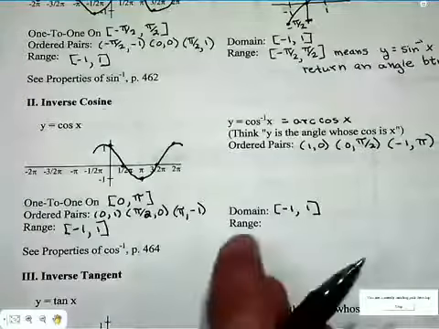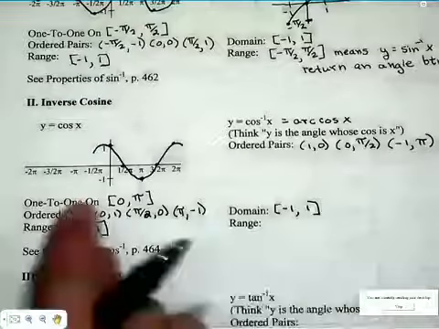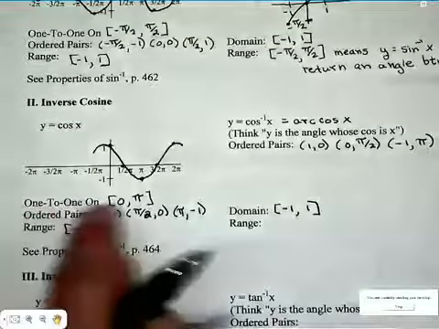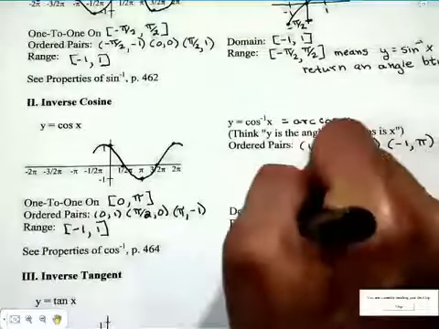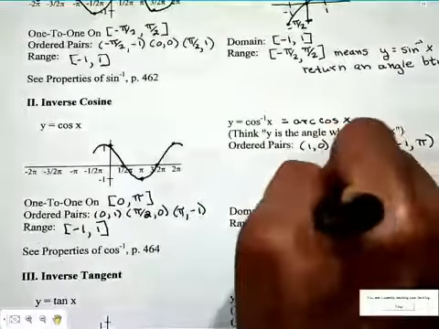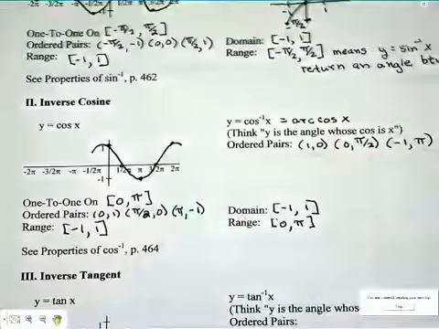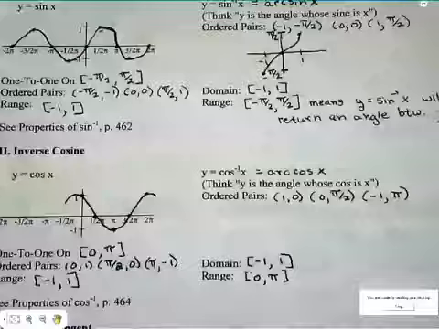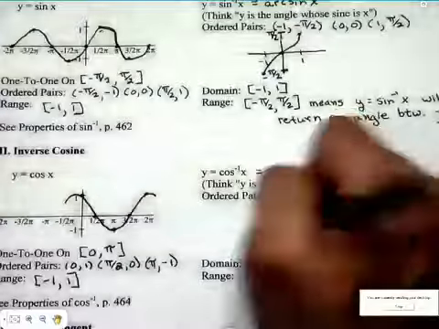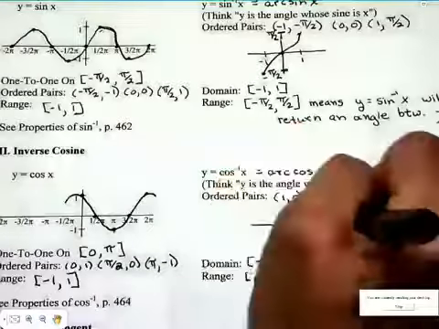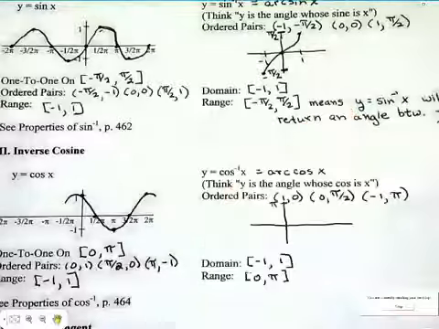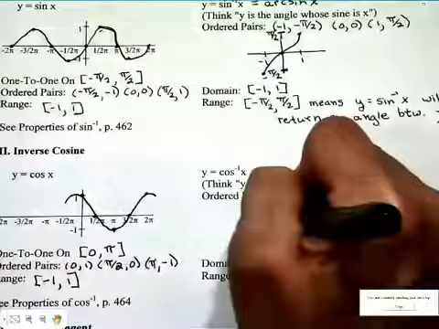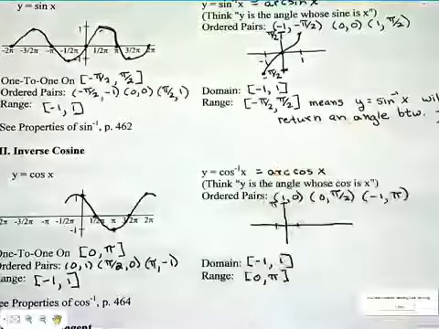The range of arc cosine is going to be the restricted domain of cosine. So I just need the 0 to pi on the y-axis and the -1 to +1 on the x-axis.